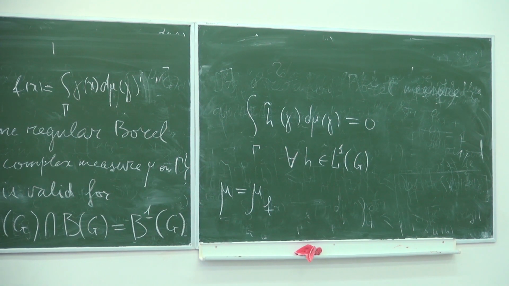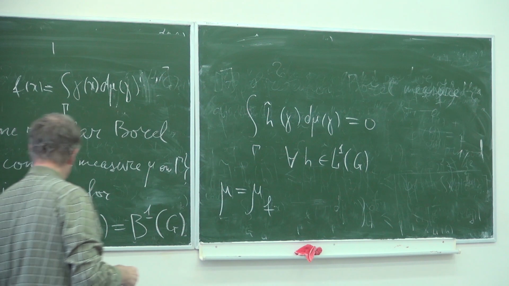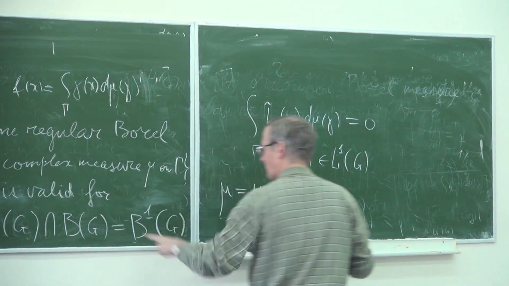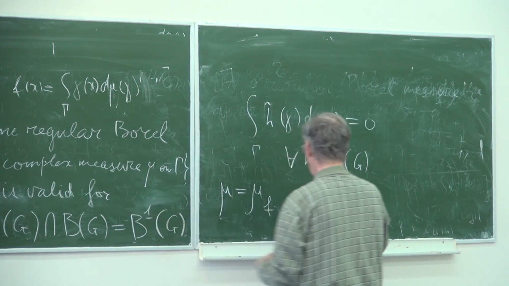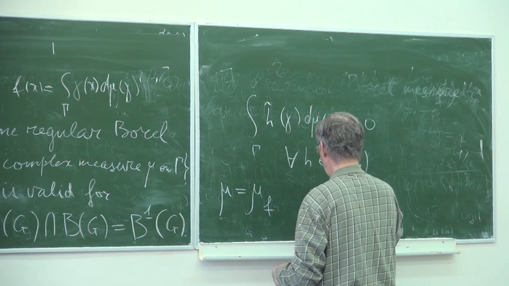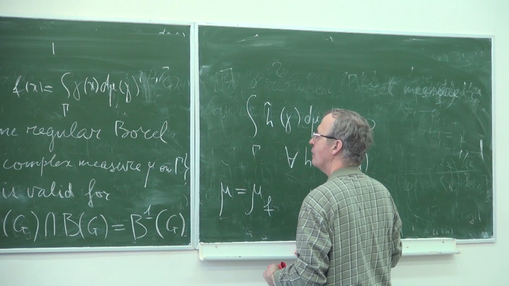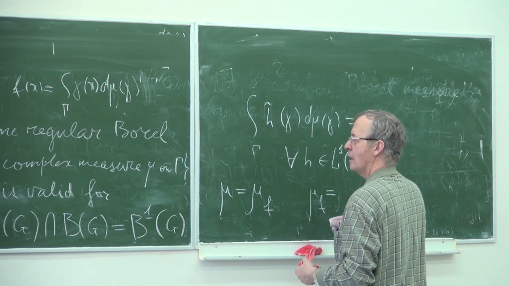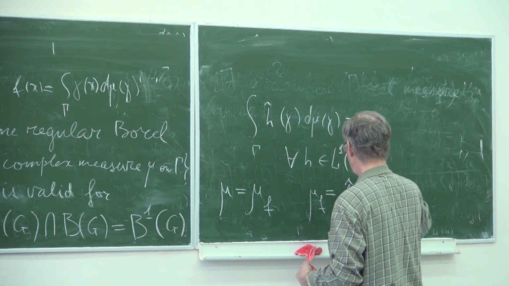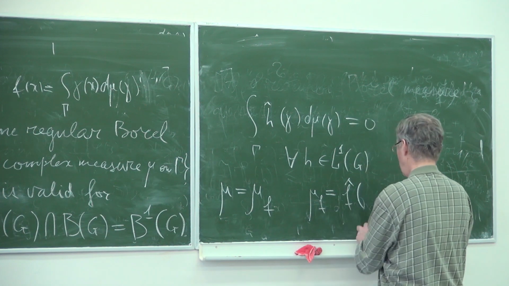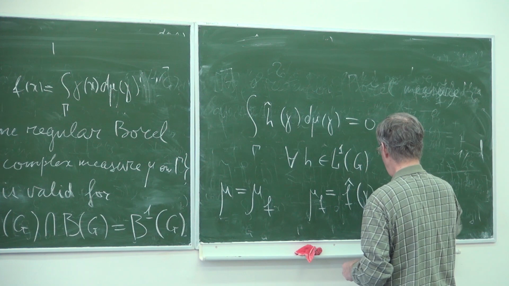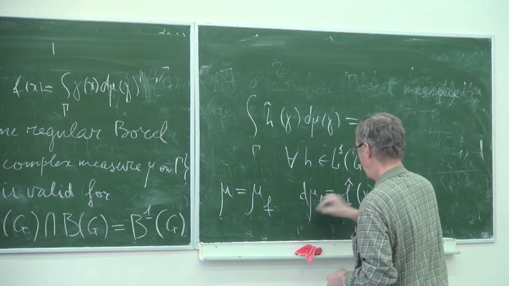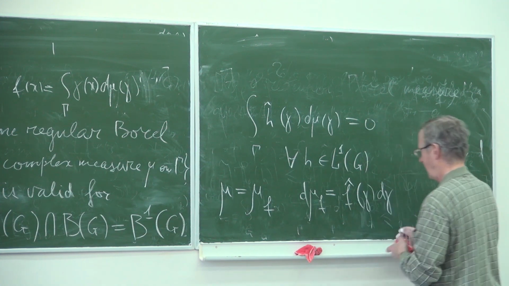This inversion formula tells us that under this condition, if it turns out that f is integrable, mu f is simply equal to f hat of gamma d gamma.